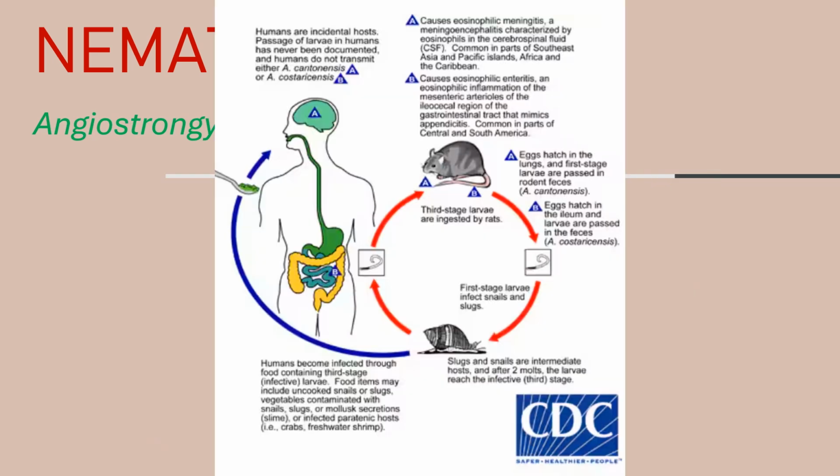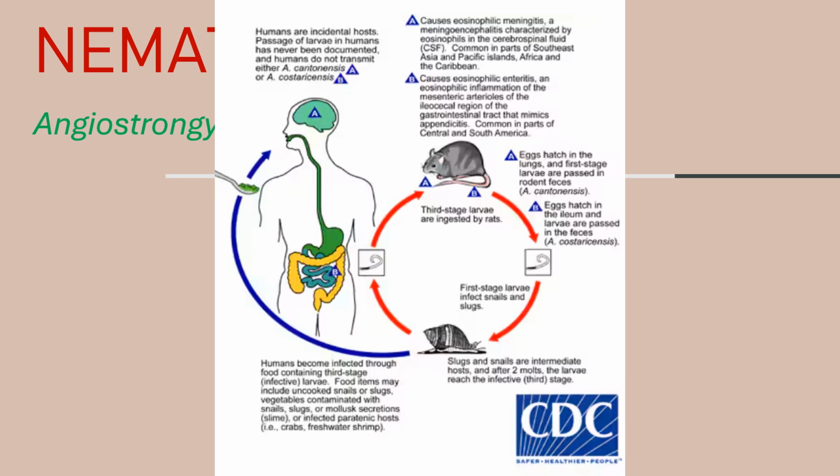This illustrates the life cycle of Angiostrongylus cantonensis. The rats are the definitive host. They harbor the adult worm, which will produce eggs, and the eggs will hatch into larvae.